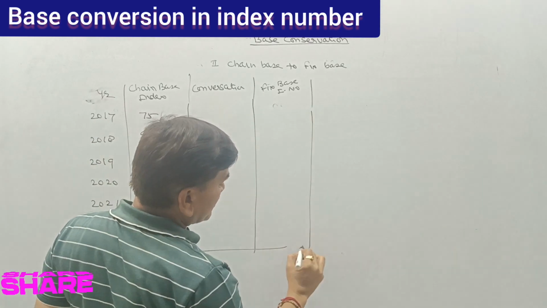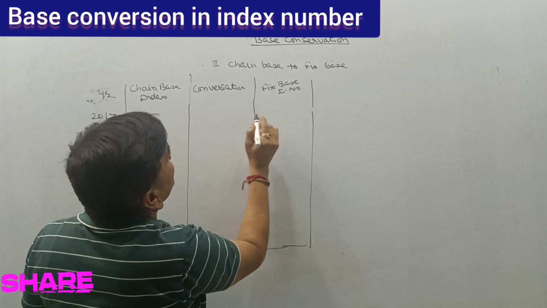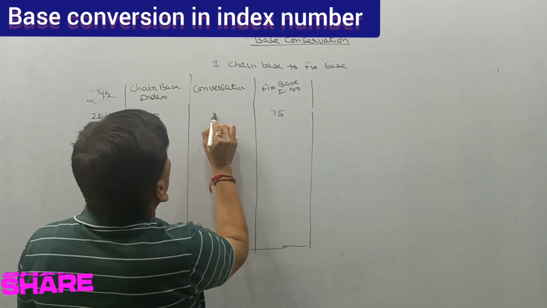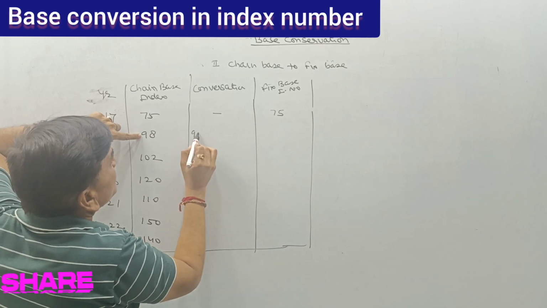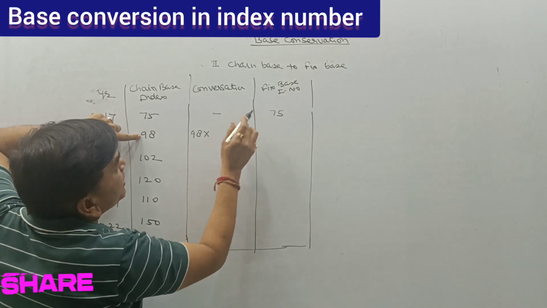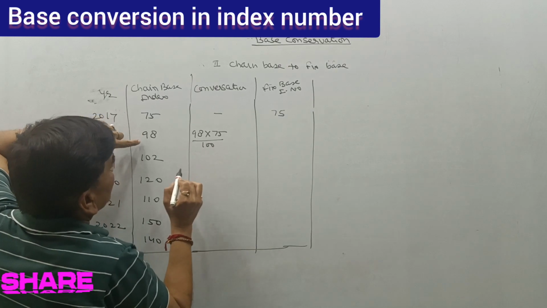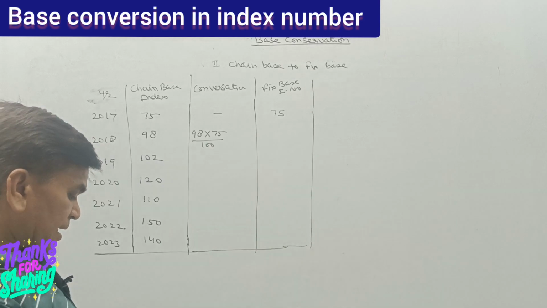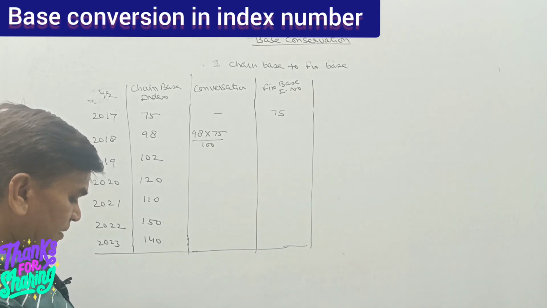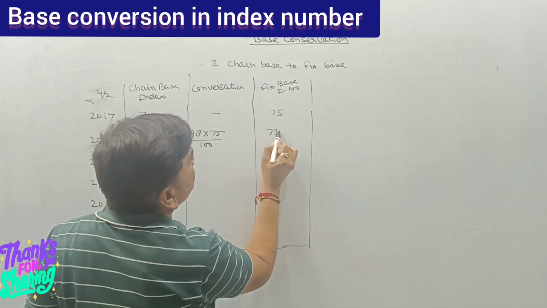The very first one we will treat as the fixed base index number. Then the current year chain base index number is 98, the previous year fixed base index number is 75, divided by 100. So 98 multiplied by 75 divided by 100 will be 73.5.